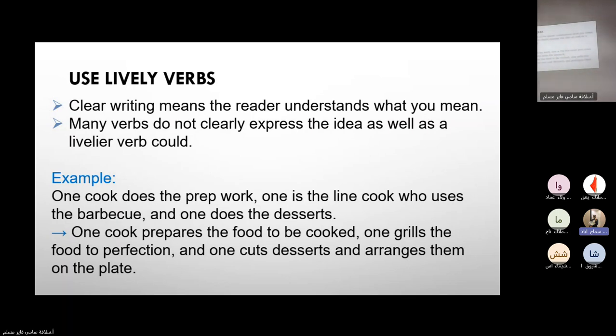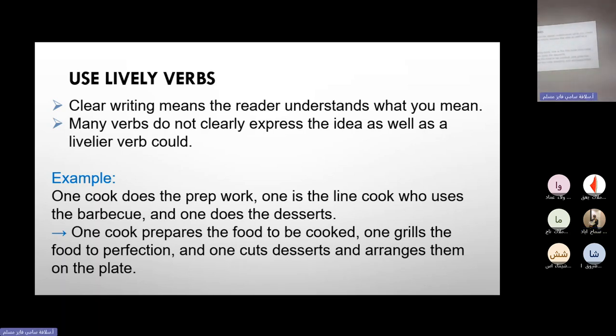One cook does the prep work. One is the line cook who uses the barbecue, and one does the desserts. Yes. One cook prepares the food to be cooked. One grills the food to perfection, and one cuts desserts and arranges them on the plate.